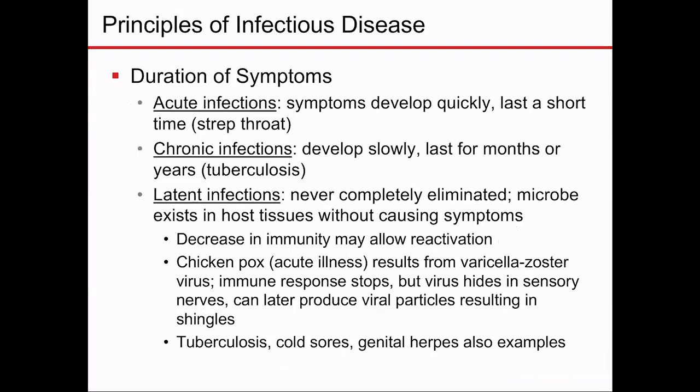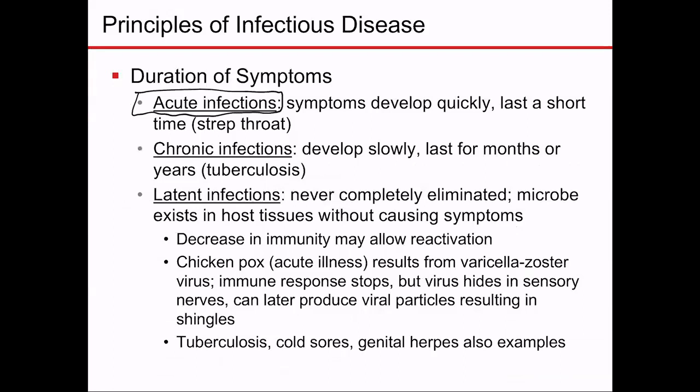Now, the infectious disease can also be classified based on the duration of the symptoms. It could be acute, and that means this is a very quick infection. The onset of the signs and symptoms of the infection develops very quickly.